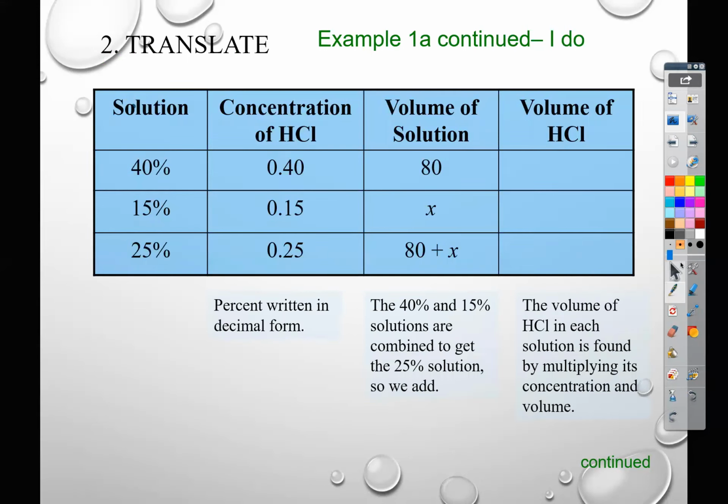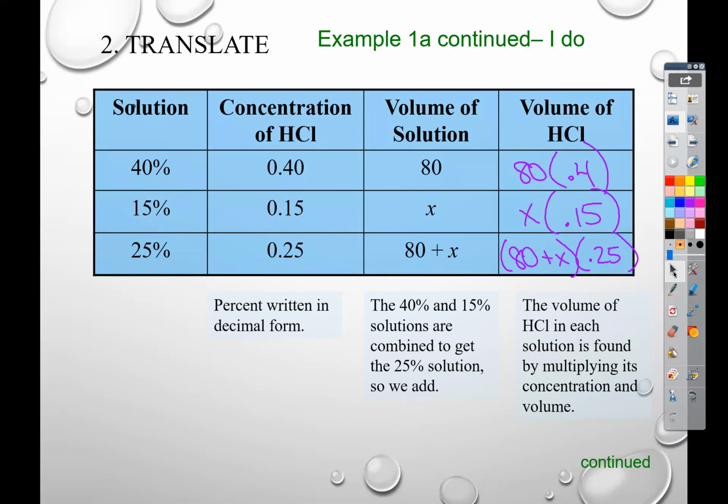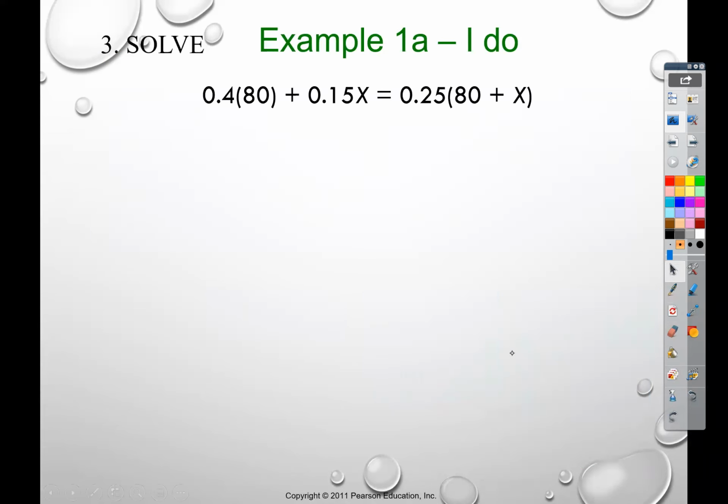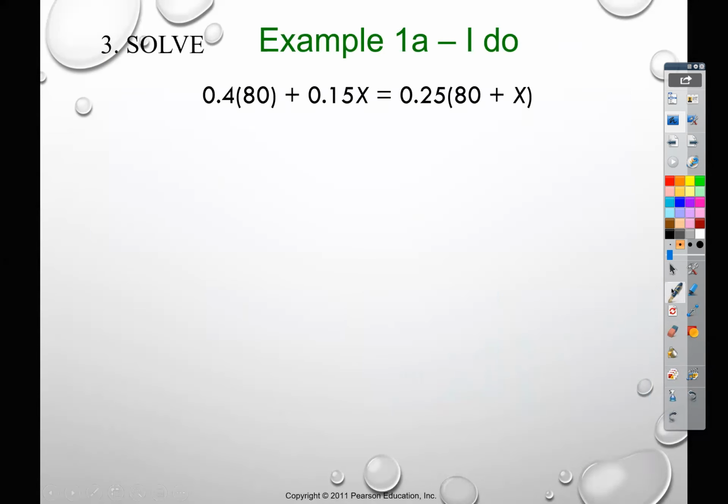So to find the volume of the hydrogen chloride, you would say 80 times 0.4, x times 0.15, and then you could say 80 plus x times 0.25. There you go.